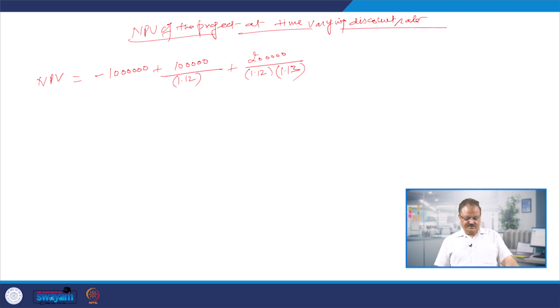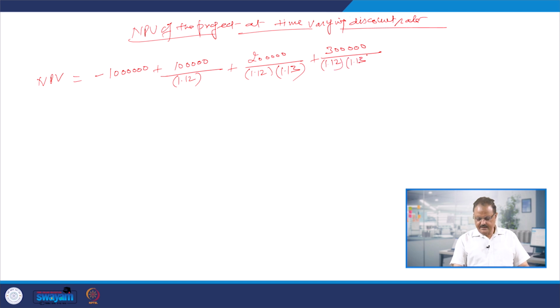So it has to be a product of 1.12 into 1.13. So this is going to be the application of the time varying discount rate, and the third cash flow is how much? 3 lakh rupees or 300,000 rupees. So this we are going to discount at 1.12 first year, second year it was 1.13, and third year it is going to be 1.14. So this way it becomes a time varying discount rate.